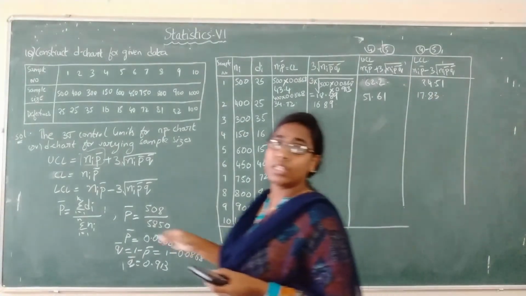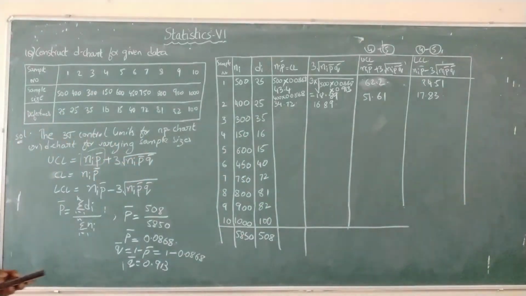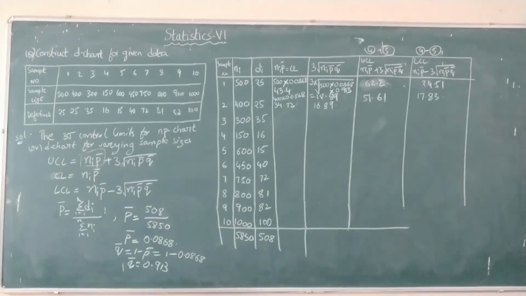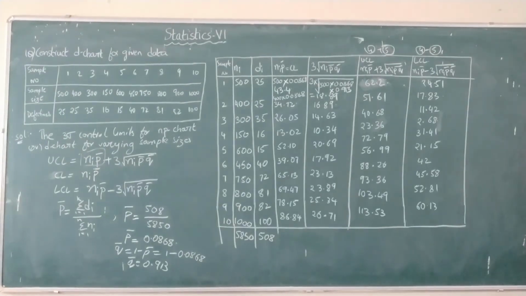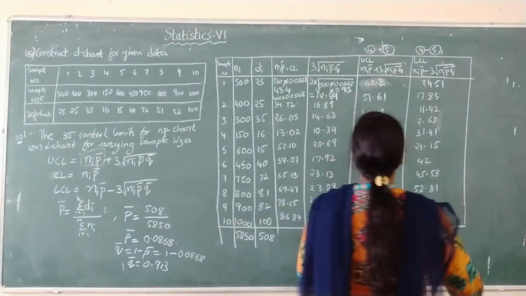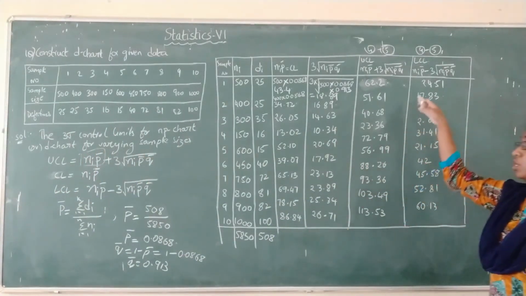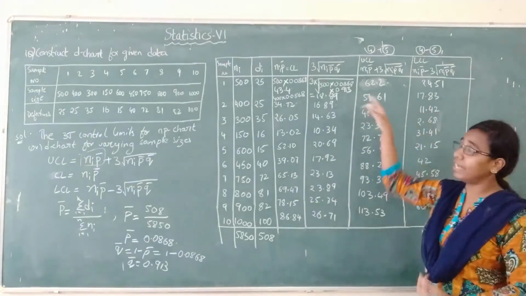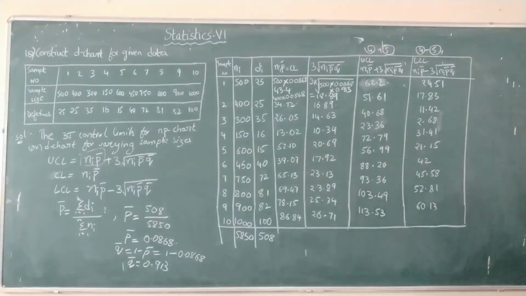So for all the samples, you have to calculate the CL, UCL and LCL values. These are the required UCL, CL and LCL values. Take a screenshot of it so that while calculating you can check whether your answers are correct or not.